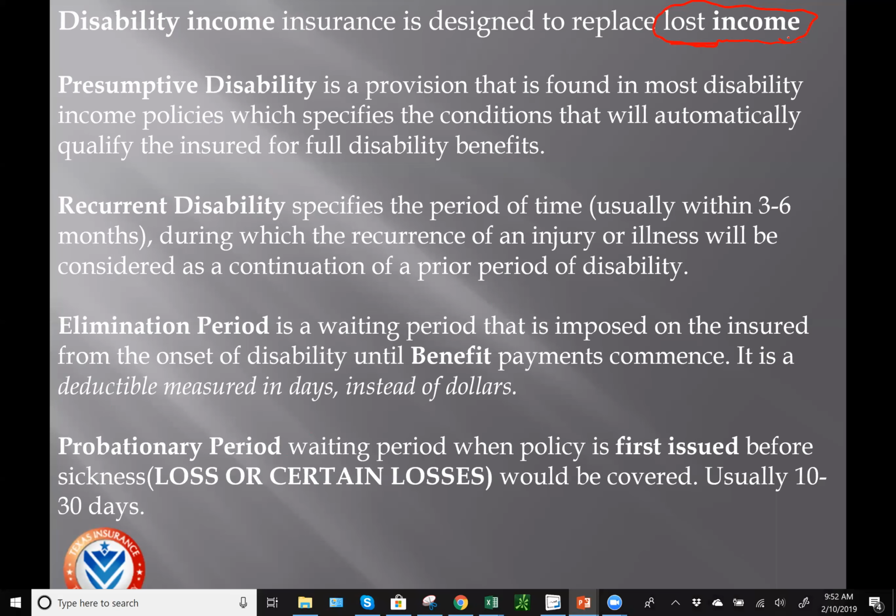Now, there's another period in a disability policy that the insurance company might put in there called a probationary period. The probationary period is put in there by the insurance company.